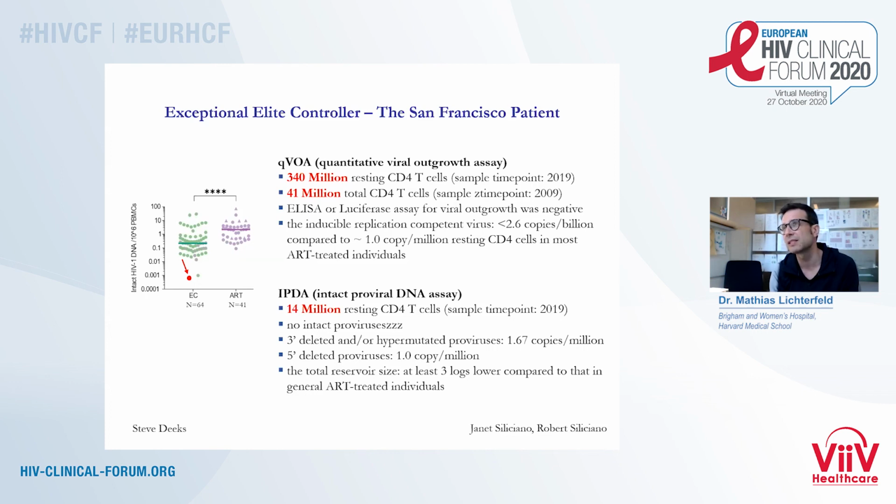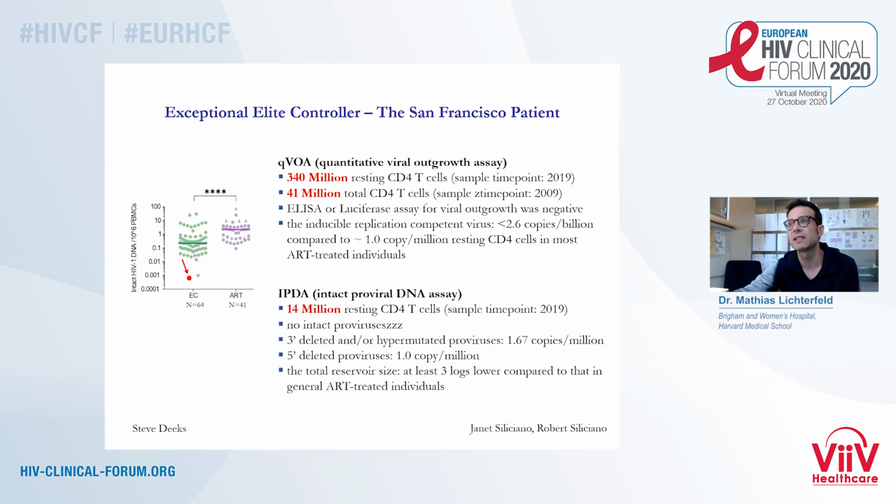And in both cases, we failed to identify any replication competent virus. And at the same time, we also conducted this IPDA assay. It stands for the intact proviral DNA assay. A total of 14 million cells were analyzed in this particular system, which is basically a PCR assay. And again, we failed to identify a single intact provirus using this particular technology.